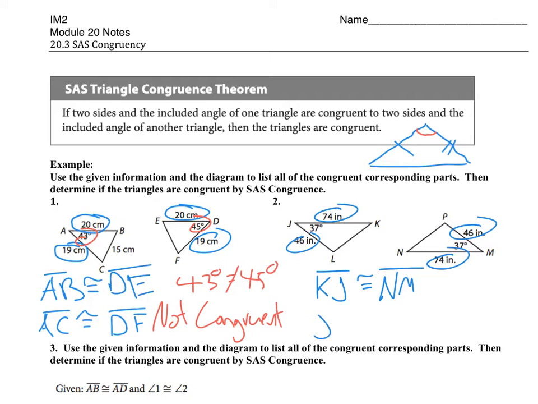And let's go JL. So just working my way around the triangle that way. And so then that gives me MP. And then we have our angle of 37 and 37. So then we'd say that angle J is congruent to angle M. So then we do have a congruency by side, angle, side.